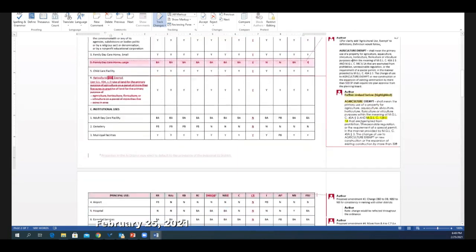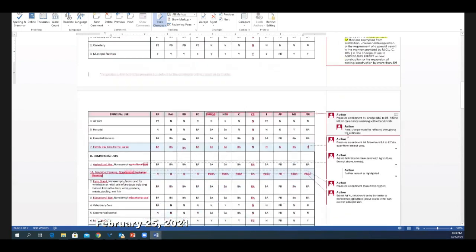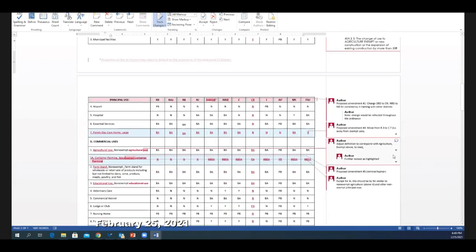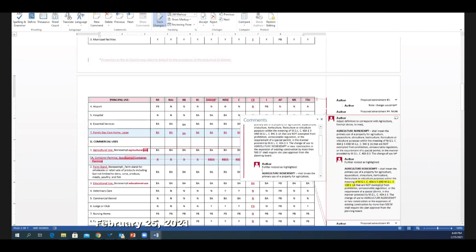Basically have one reference exactly the definition in the Mass General Law, and then one reference the same, except to say it's not that. That's basically all it is.